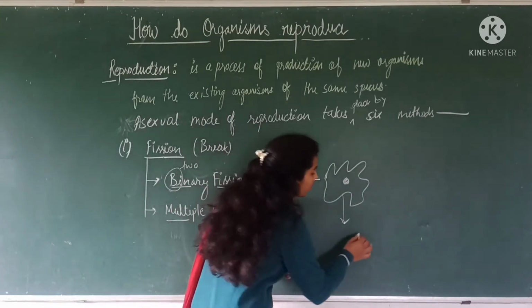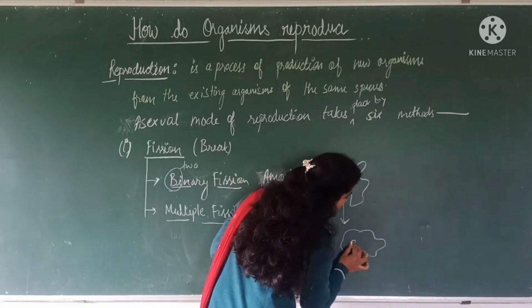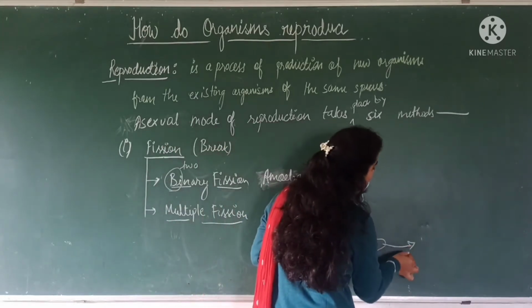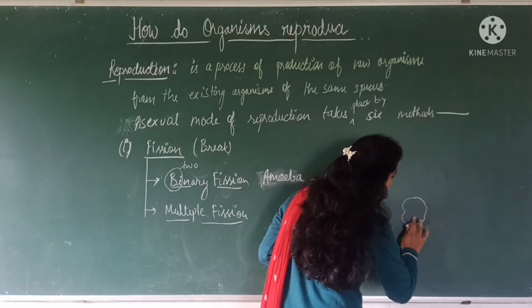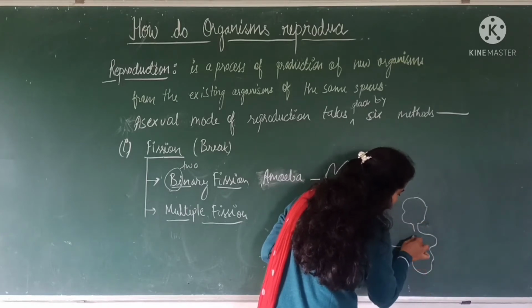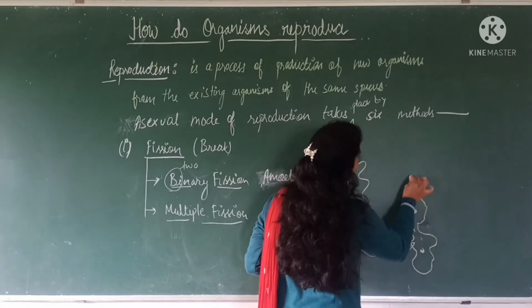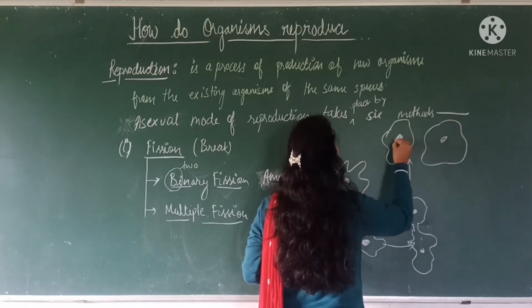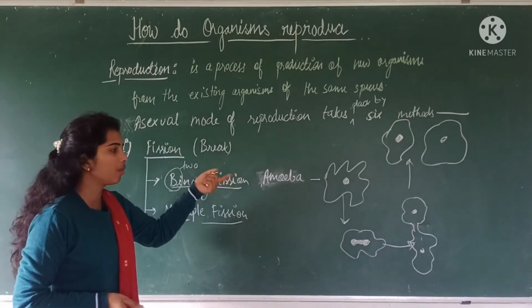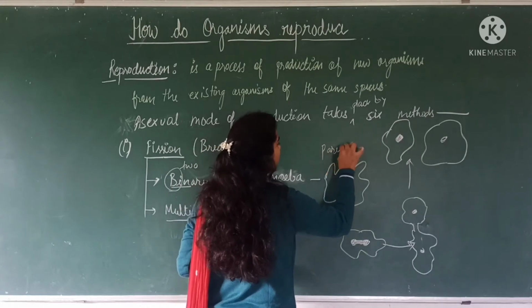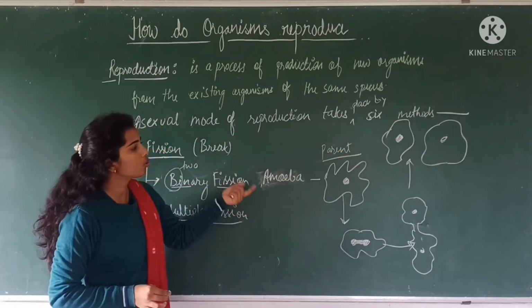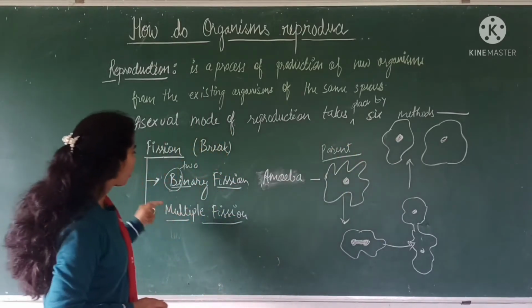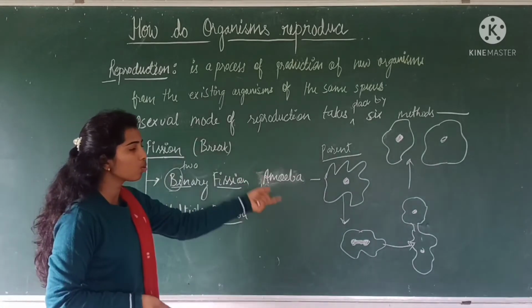When it starts dividing, first the nucleus divides into two. After the nucleus starts dividing, the cytoplasm starts dividing, and when the cytoplasm has divided, two new amoeba are formed from the single parent. Here one parent body is divided into two parts, and two new organisms are formed. This is known as binary fission. The parent body is divided into two halves.